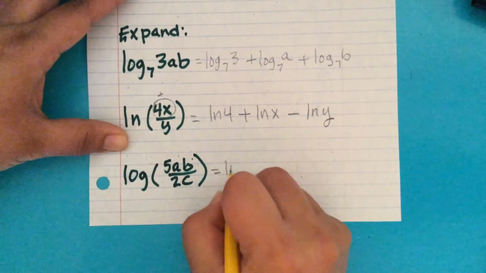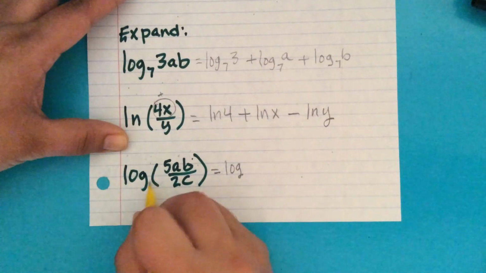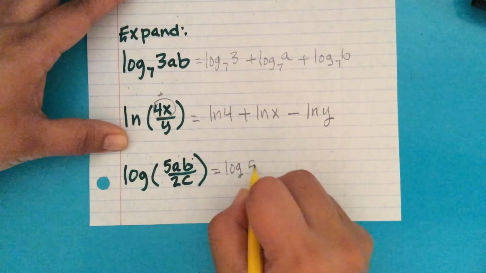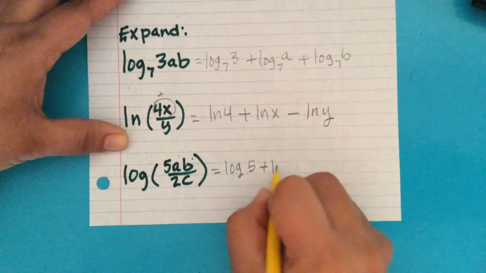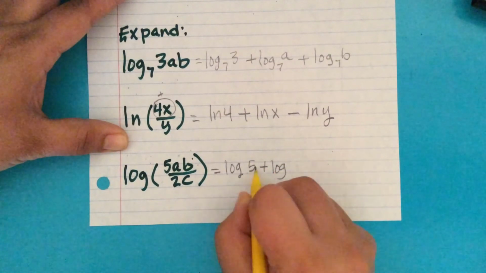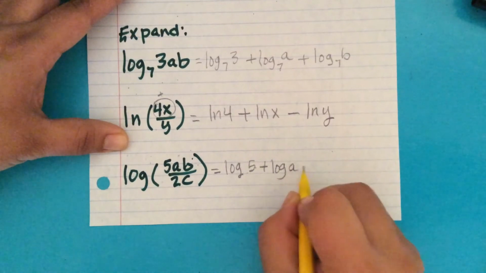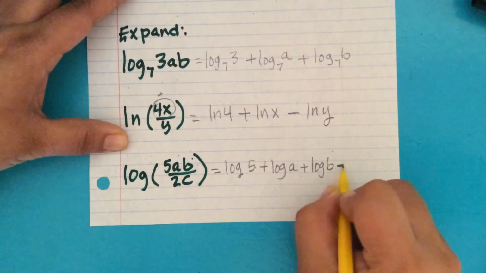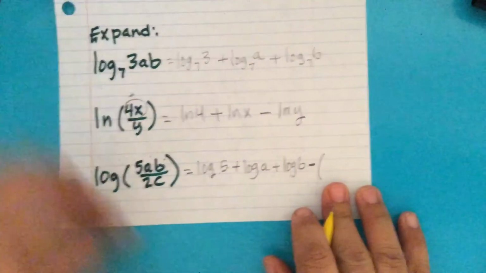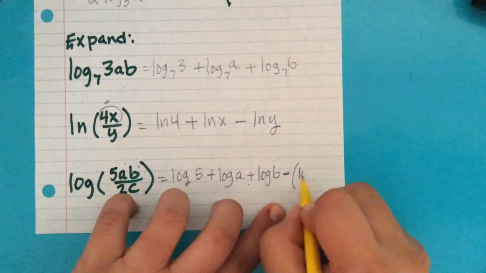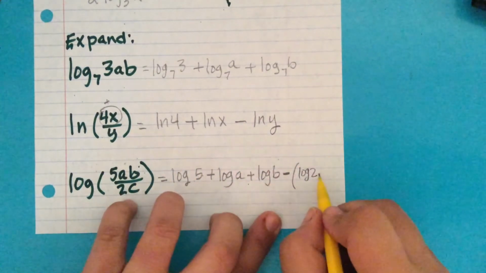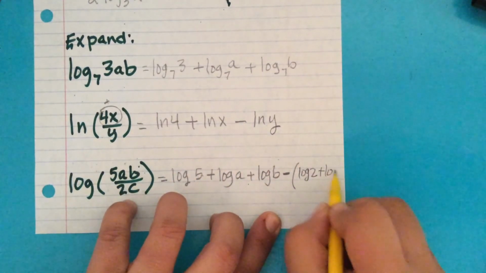So that's going to be the log, and it's just a common log, so you don't have to put a base on here. Log of 5 plus the log of a plus the log of b minus, and you have to put parentheses, log of 2. Now these two are being multiplied on the bottom, so that's plus log of c.